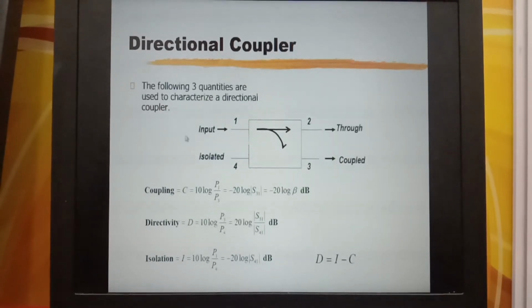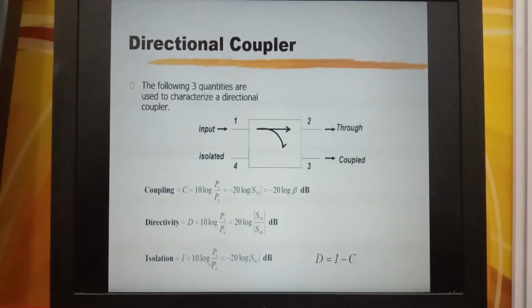If we input a signal to port 1, ideally no signal should be coupled to port 4. But practically, a small leakage may occur. So if we take the ratio of the power input to port 1 compared to the undesirable leakage to port 4, this ratio is called isolation.